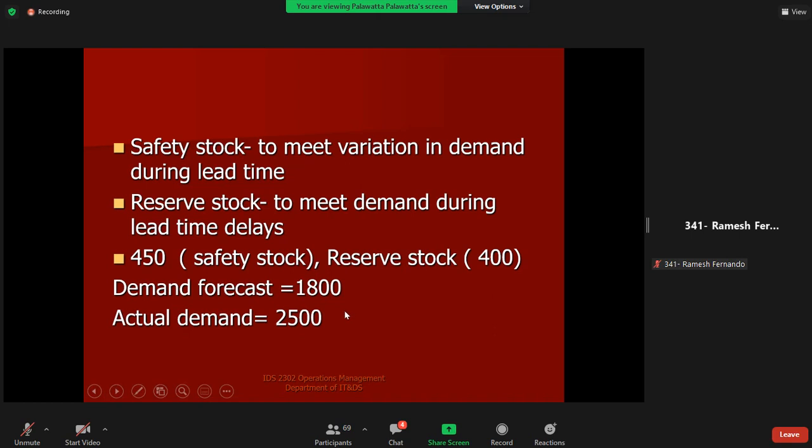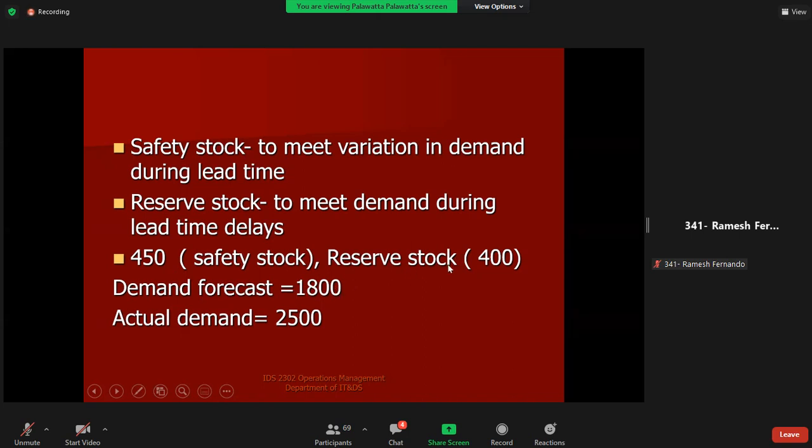Production is done based on the demand forecast. But when you produce, safety stock and reserve stock are also part of the production. So let's say, in the absence of other things, you produce 1,800 plus 400 plus 450.